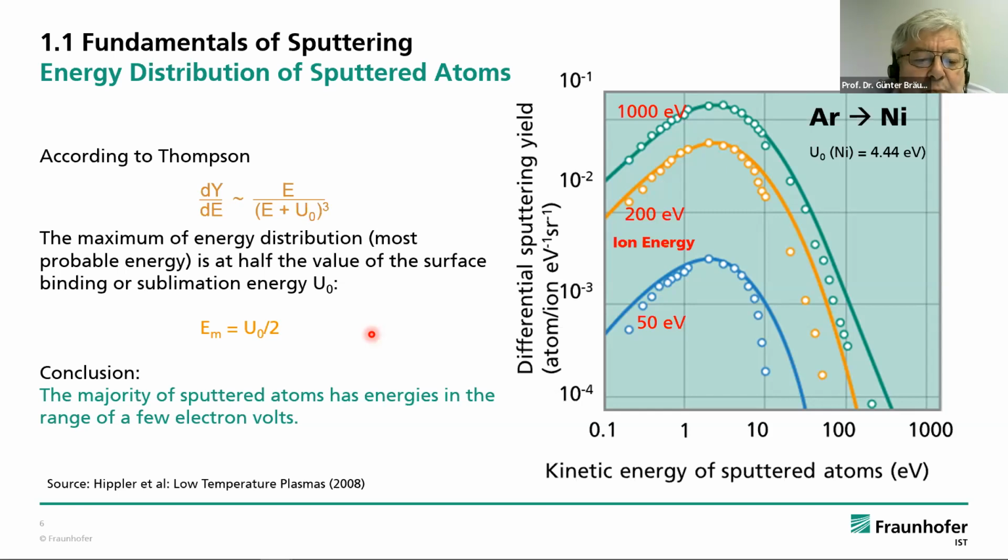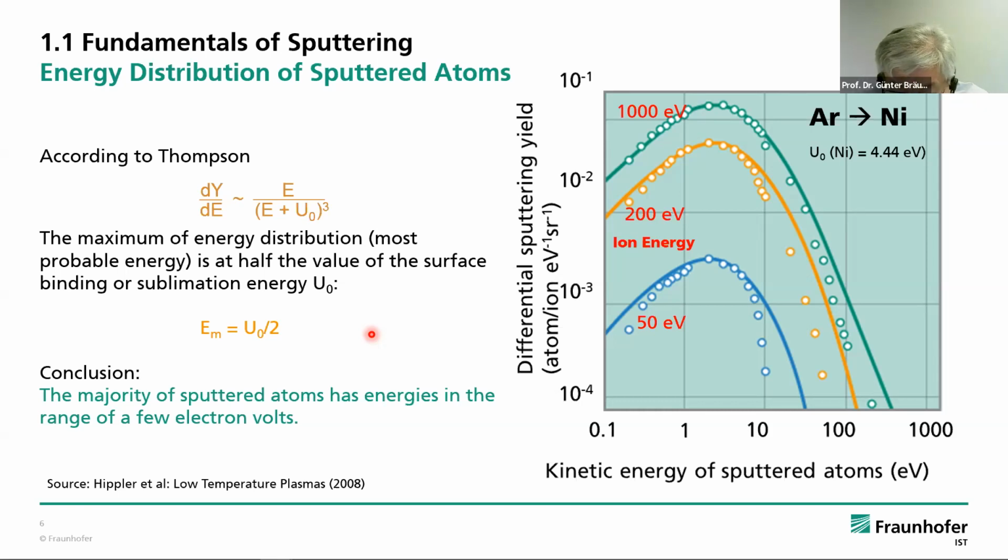That means sputtered particles have an energy mainly in the range of a few electron volts. And this is a factor of 10 times higher than evaporated particles. This is the reason why sputtered films are much more dense than evaporated films.